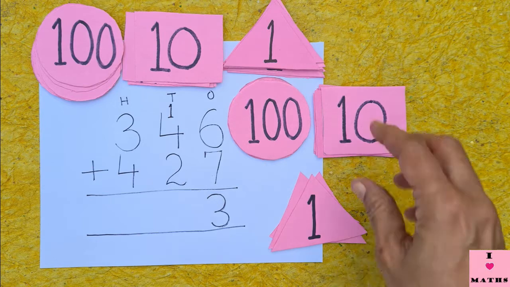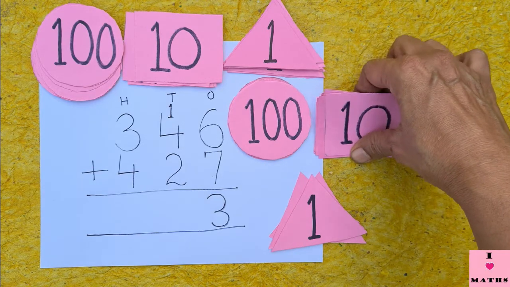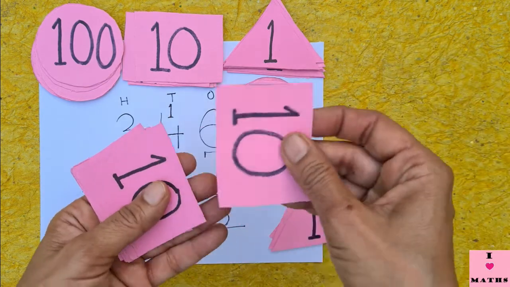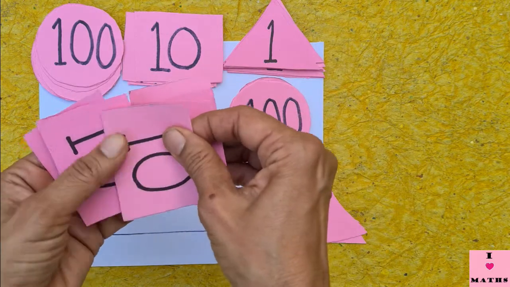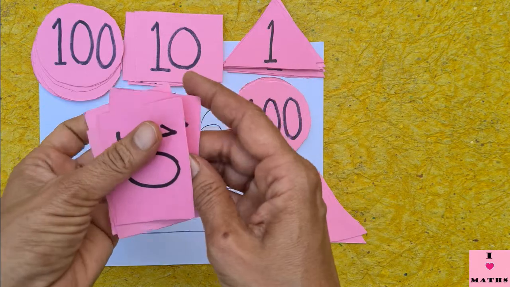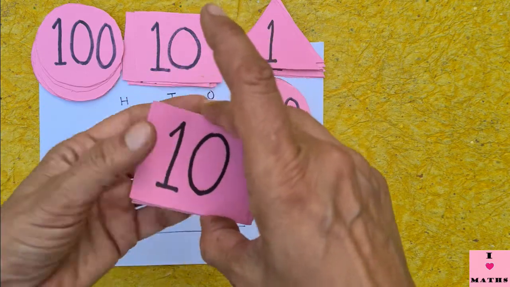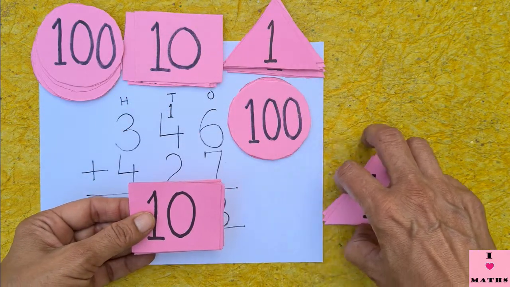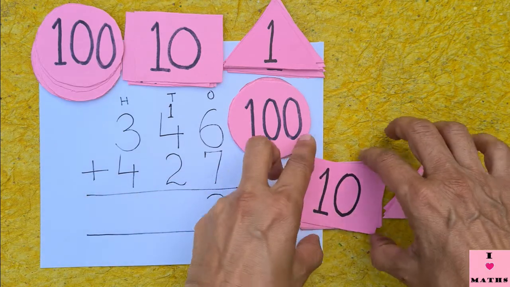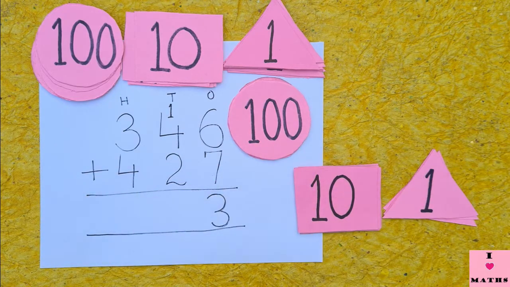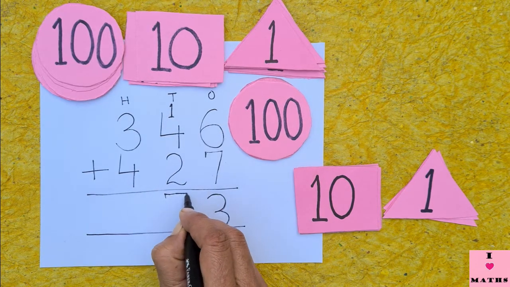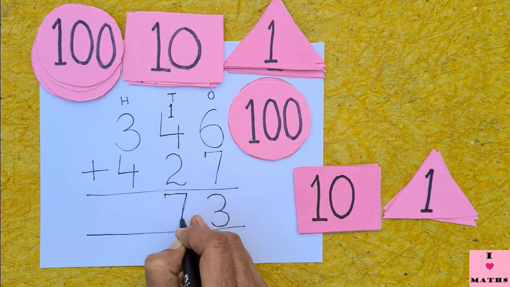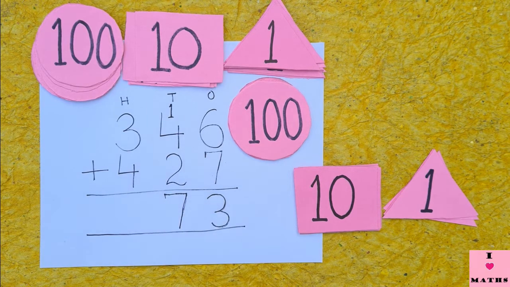Okay, let us see how many tens do we have. 1, 2, 3, 4, 5, 6, 7. We have 7 tens. Okay, so it means 4 plus 2 plus 1 will make 7 tens. Okay, now let us see how many hundreds do we have.